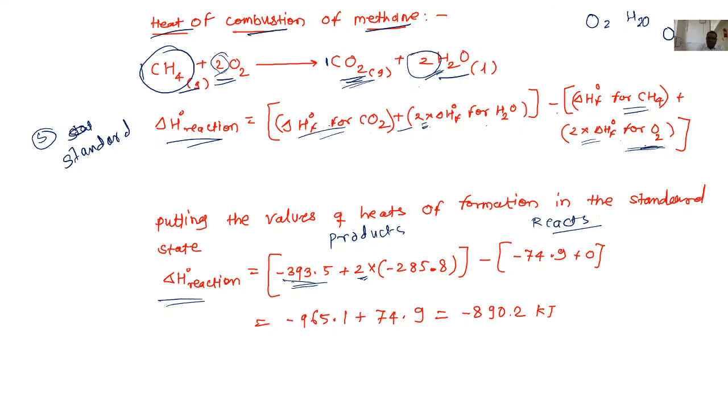This minus 293.5 is the delta H0 of formation of CO2, and these are the delta H0 of formation of H2O, and this is the delta H0 of formation of the reactant molecule CH4, and as I told you, for oxygen, 2 into 0 is equal to 0.